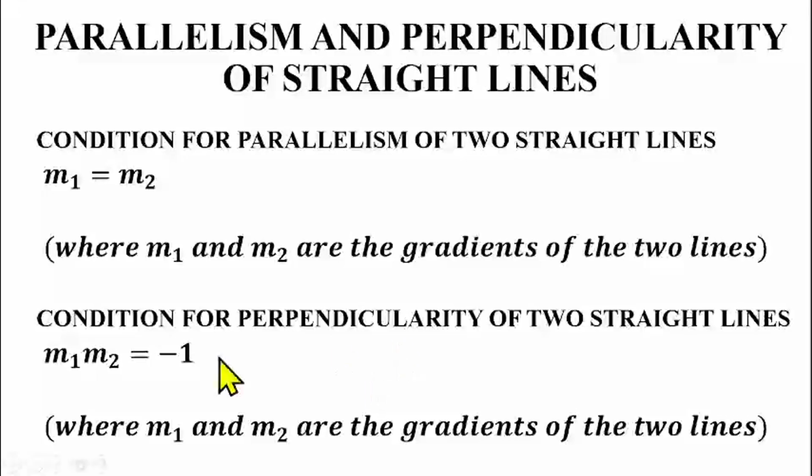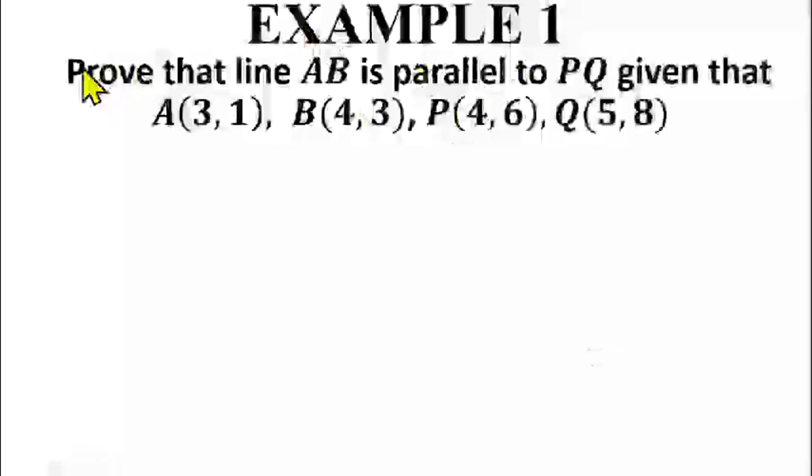Now let's see what they can ask us to do with these two conditions. In the first example, we have to prove that line AB is parallel to line PQ, given the coordinates of A, B, P, and Q. Line AB passes through A and B, and line PQ passes through P and Q. We need to find the gradient of line AB and the gradient of line PQ.